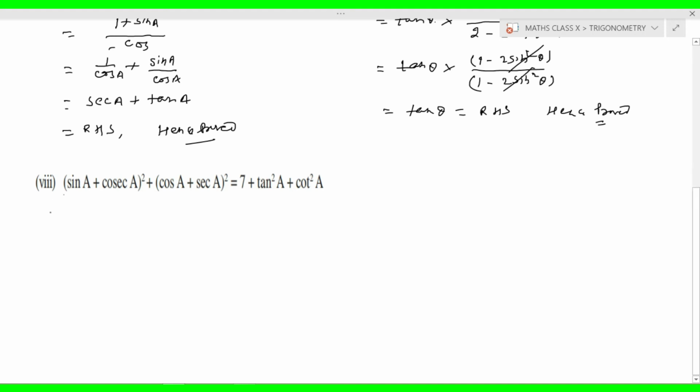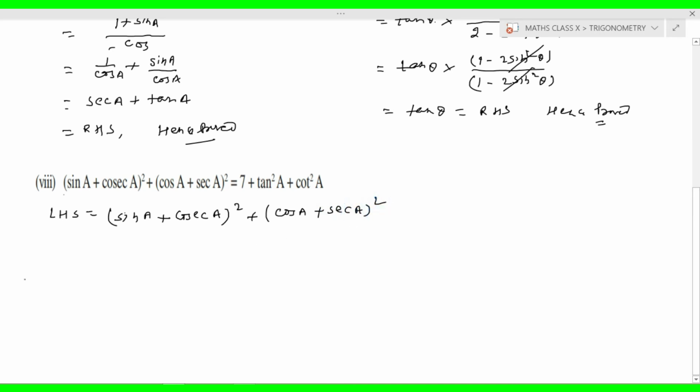So let's see. The LHS is (sin A plus cosec A) whole square plus (cos A plus sec A) whole square.